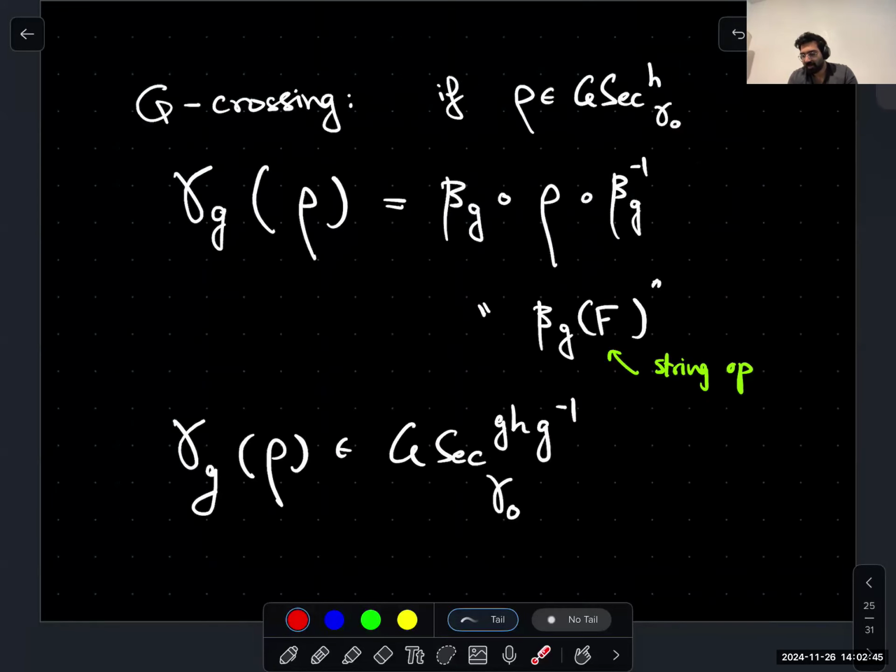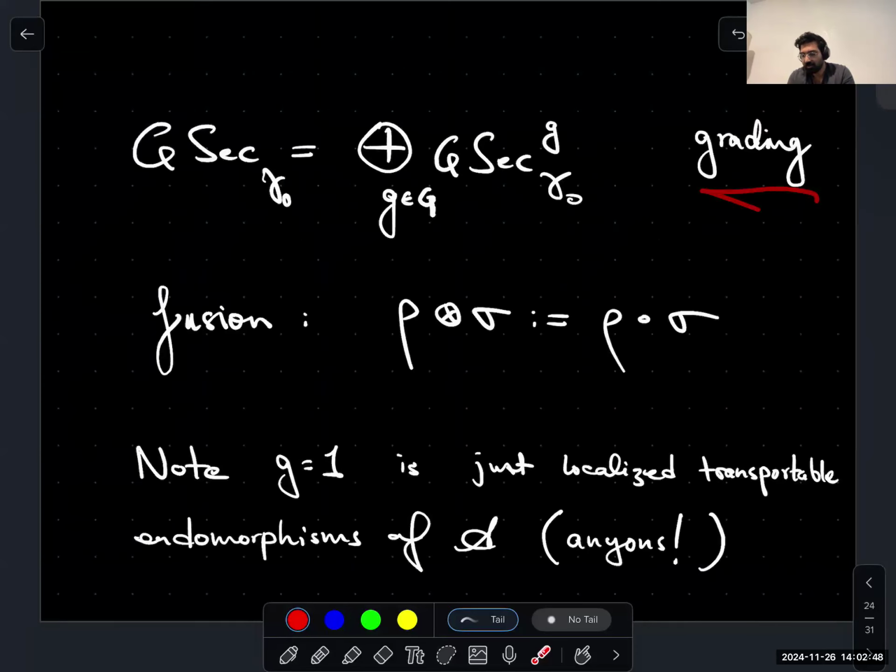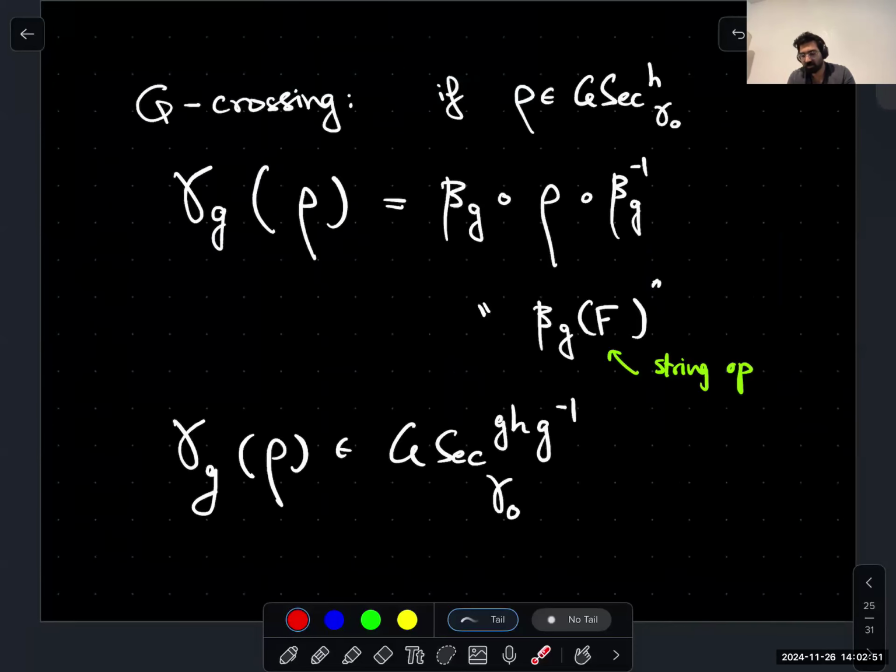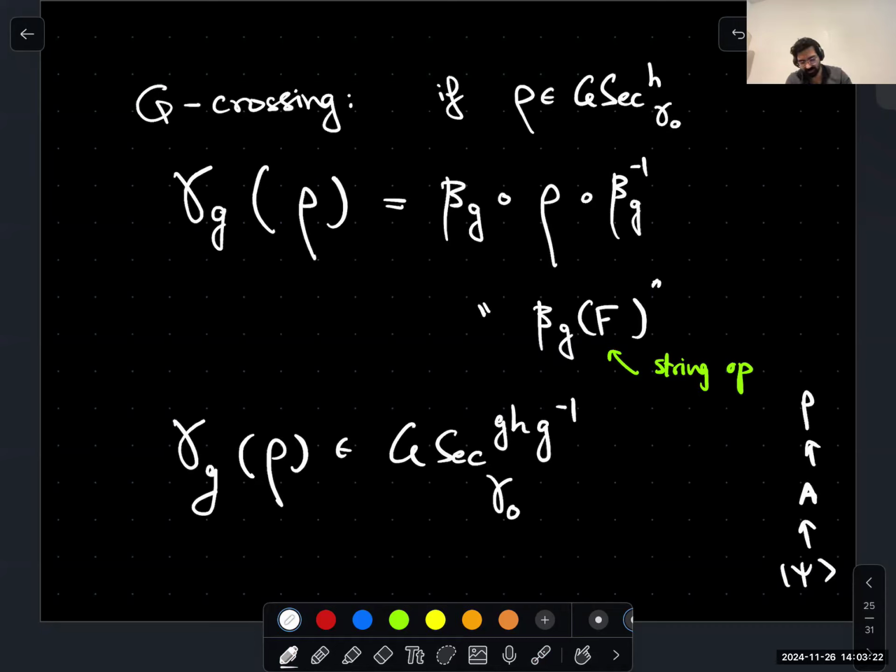Okay, so we've talked about G grading. Now we're going to talk about G crossing. That basically means that there is some symmetry action that's happening on our anions. It's unfortunate, but it's just life that every time you go up a level, say from states to operators to endomorphisms, the actions increase multiple times.